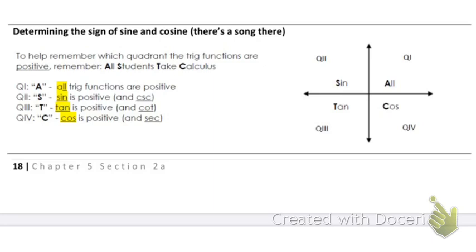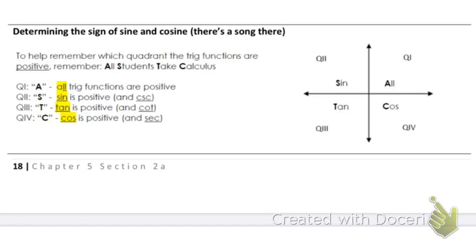When you say all, you're talking about quadrant 1. Quadrant 1 means all trig is going to be positive. So that means sine and cosine are both positive. Students tells you sine is positive. Everything else is negative. So you just have one positive. That's sine. That means cosine, tangent are both negative.